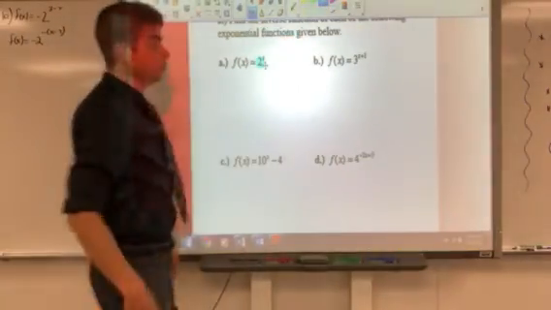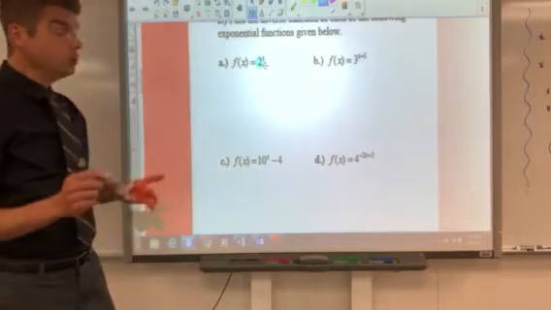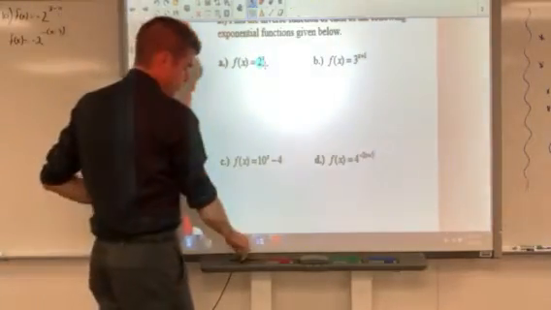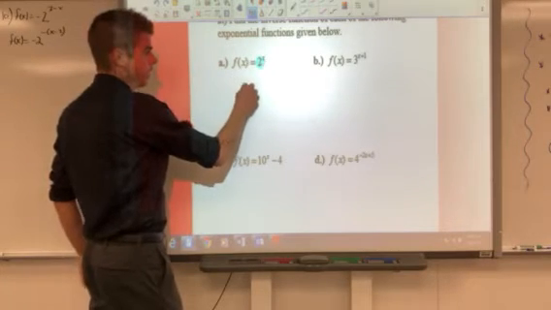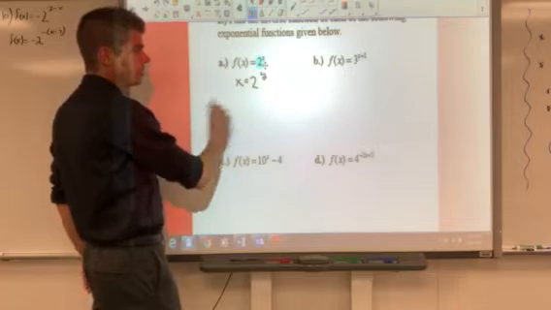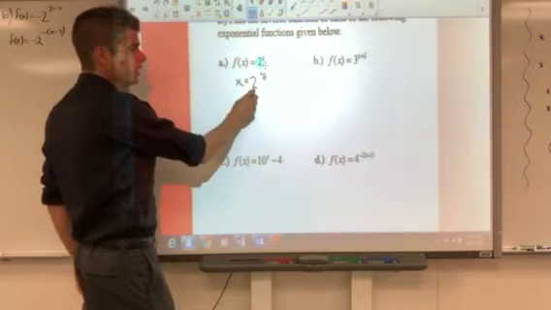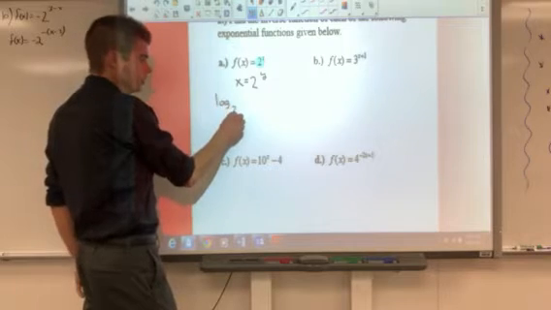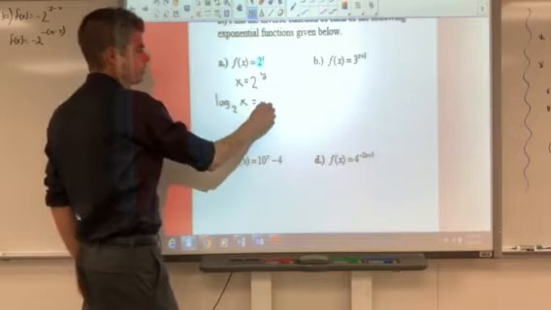So, for example, 2 is my base for the exponent, so 2 is going to be the base for my logarithm. If I do a change of variables, x equals 2 to the y, I'm going to log both sides, but the base I'm going to choose is base 2. So log base 2 of x is equal to y.